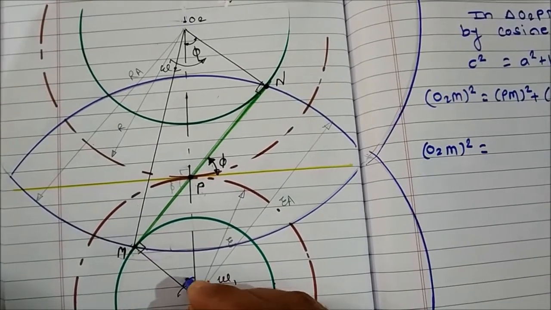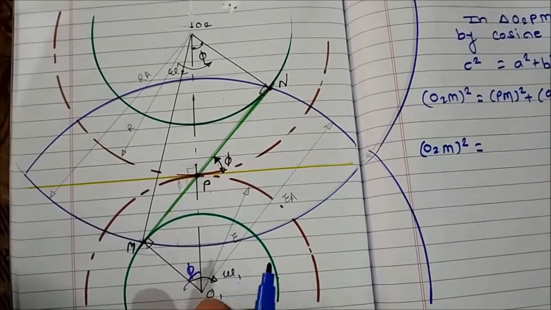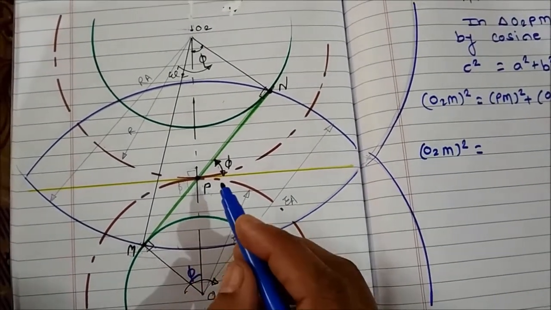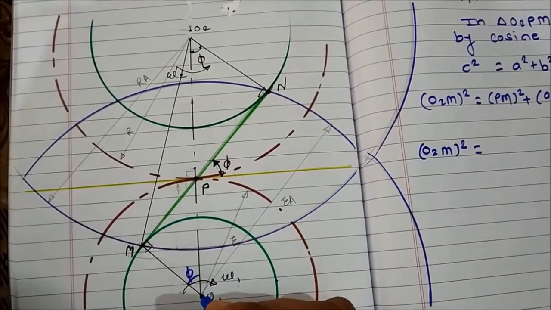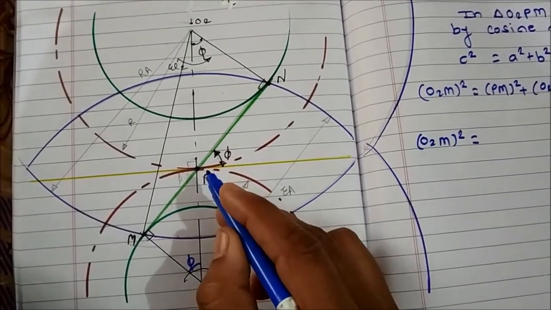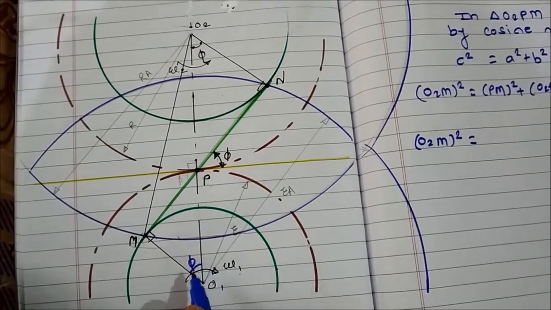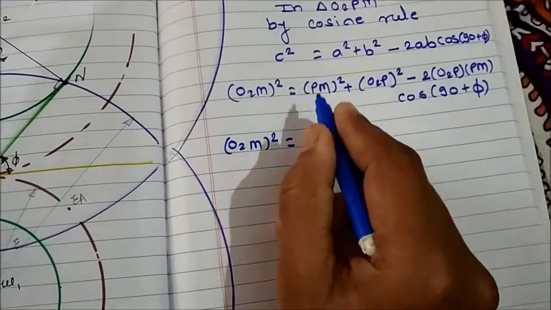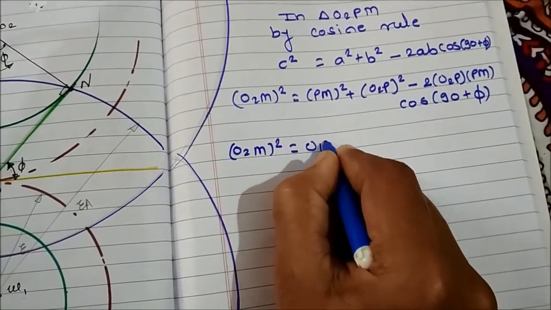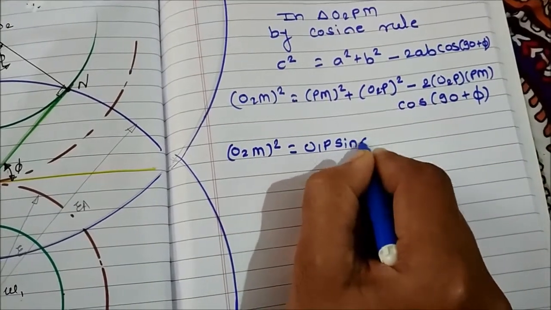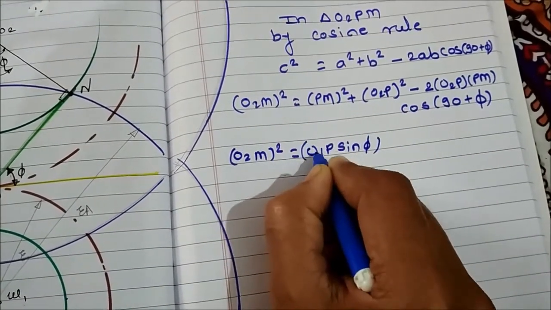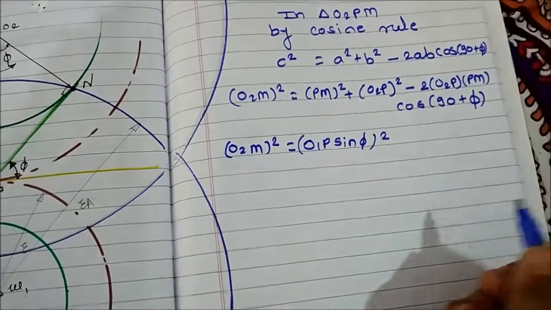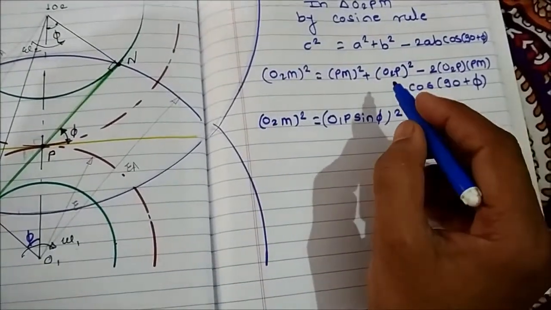This angle is phi, as we know. So PM is O1P sine phi. So the equation becomes O2M square equals (O1P sine phi) whole square, then O2P.